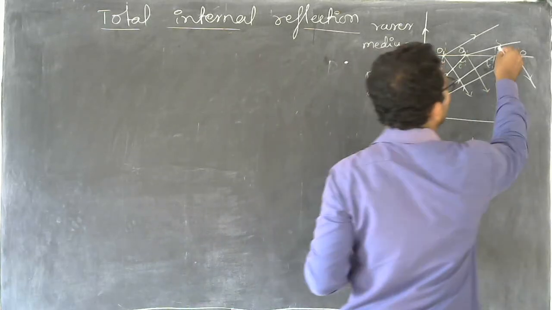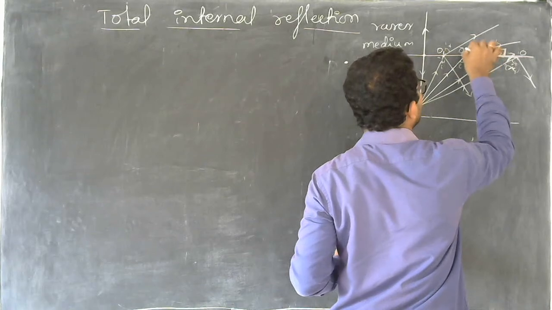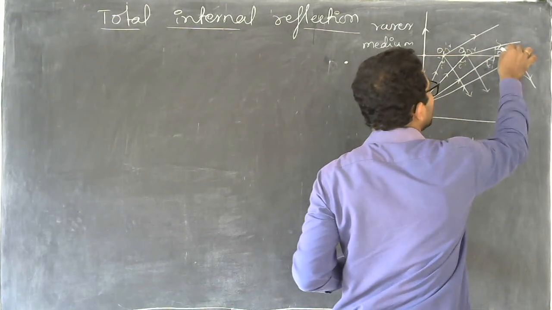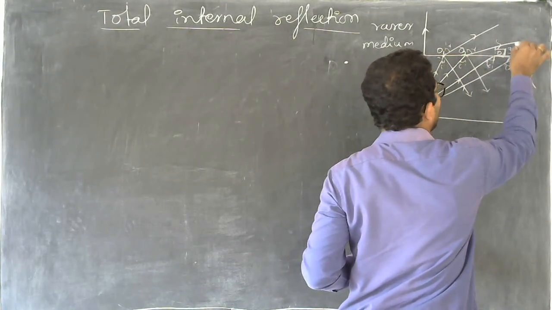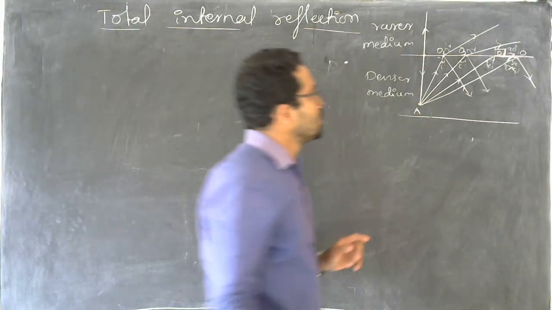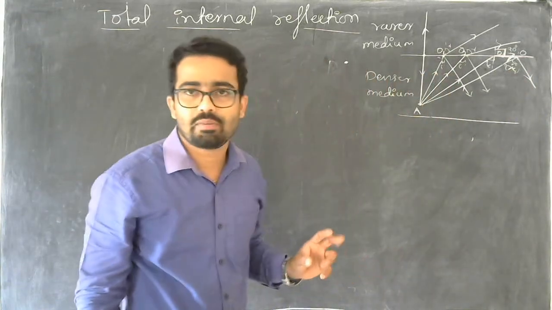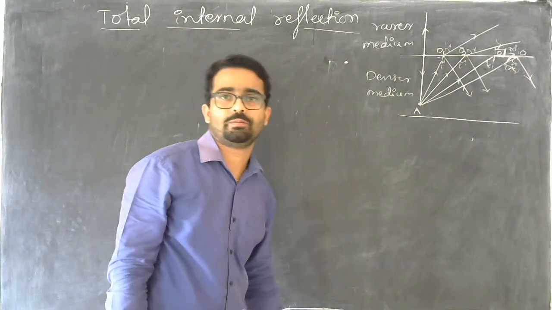In that case, the angle of refraction is equal to 90 degrees. This is the explanation for total internal reflection.